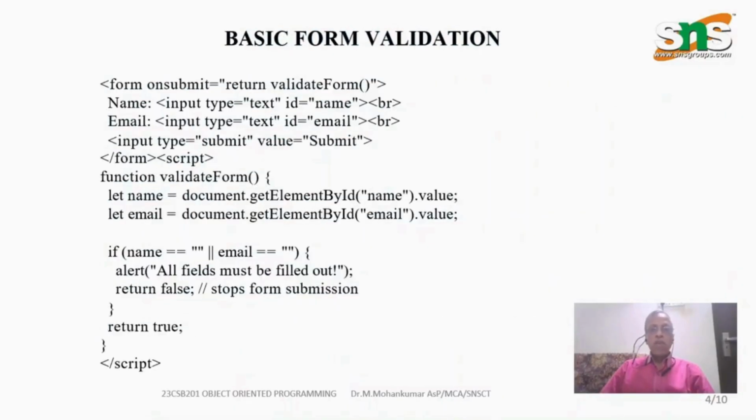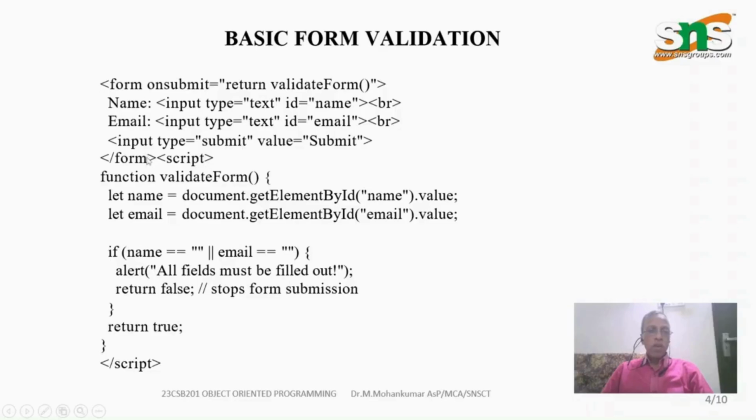Then the basic form validation: here we give form onsubmit return validateForm. In the form we write input type text with id name, then email, input type text with id email, so we get name and email in text format, and an input type submit button.